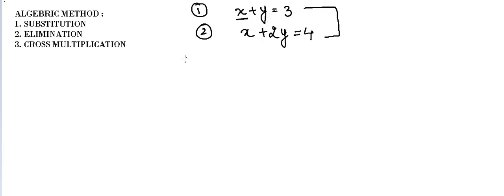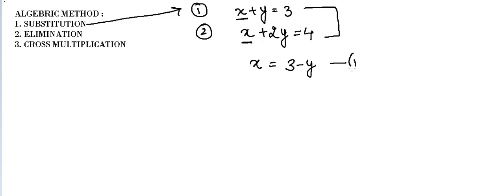Now for the first, that is the substitution method. For the substitution method, we'll take the value of any variable from one of these two equations and substitute it into the other equation. So I'm taking the value of x from the first equation. It will be 3 minus y.